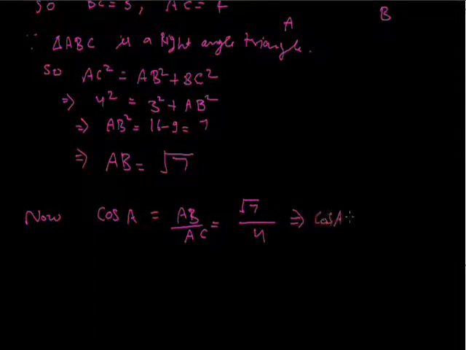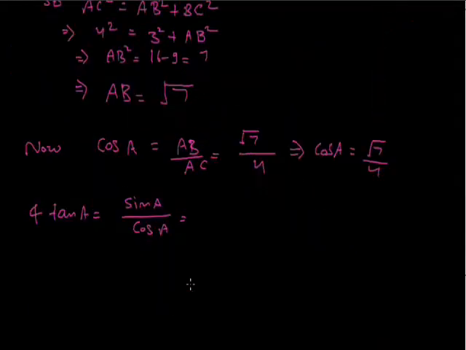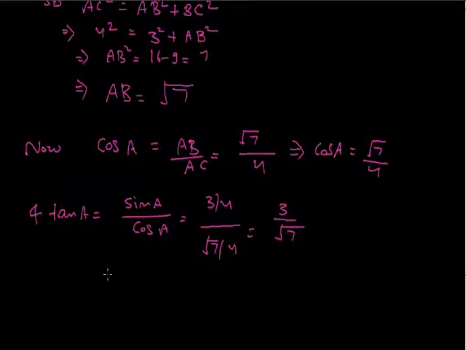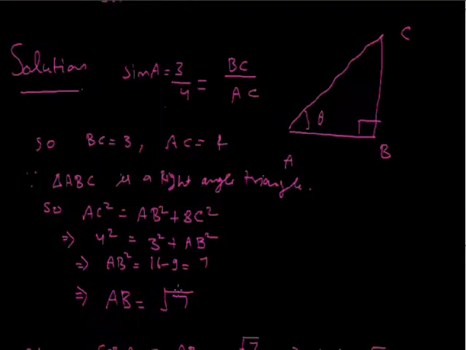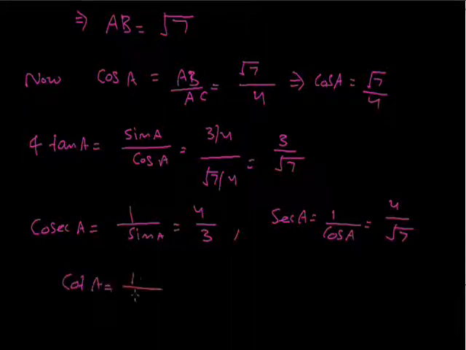So cos A equal to under root 7 upon 4 and tan A equal to sin A upon cos A, equal to 3 upon 4 upon under root 7 upon 4, equal to 3 upon under root 7. Cosec A equal to 1 upon sin A equal to 4 upon 3. Sec A equal to 1 upon cos A equal to 4 upon under root 7, and cot A equal to 1 upon tan A equal to under root 7 upon 3.